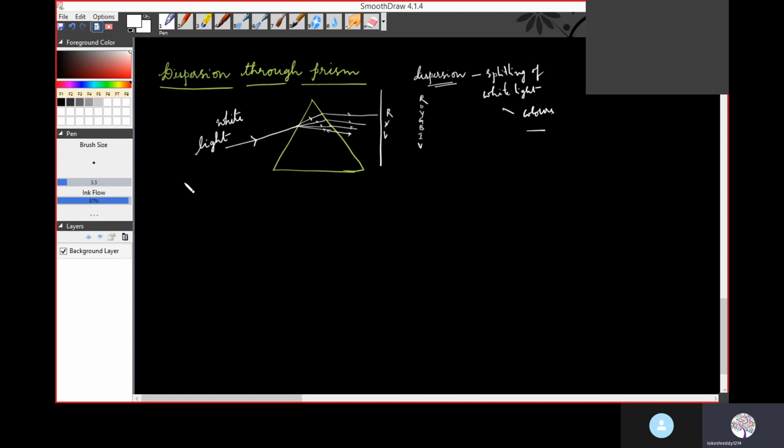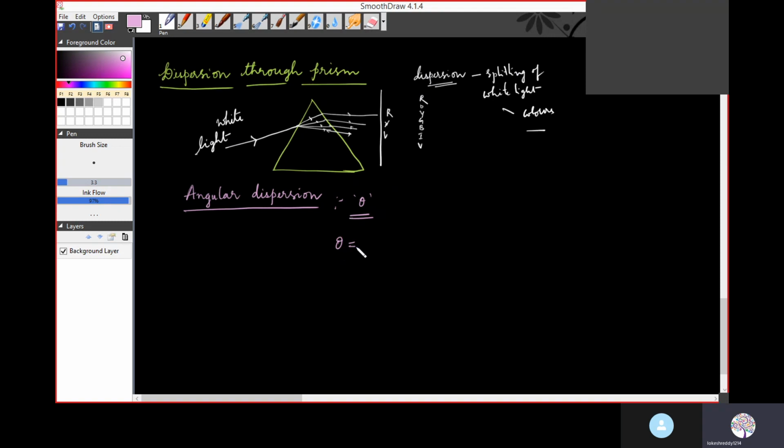Now next one we will discuss, angular dispersion. What is angular dispersion? Angular dispersion is denoted by theta. The angular separation between extreme colors.